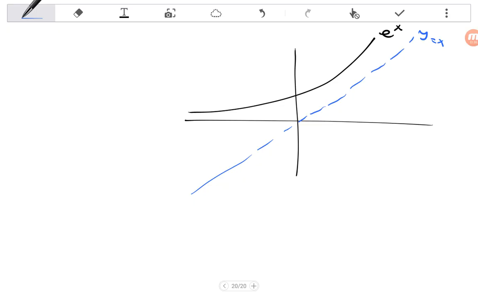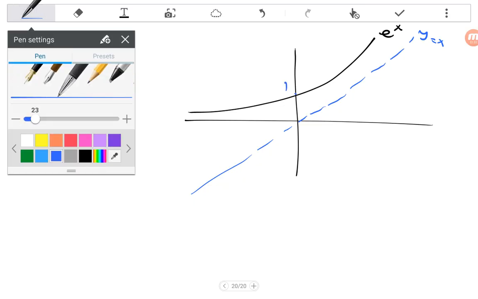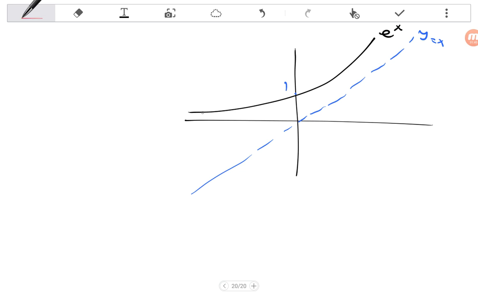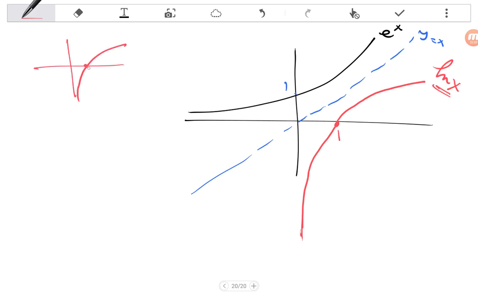In this case, instead of the horizontal asymptote at the x-axis, we'll have a vertical asymptote like this, and the point which is also 1, and so on. This red function is exactly the inverse of the black function, and it is called ln x. So ln x is a function sketched like this.